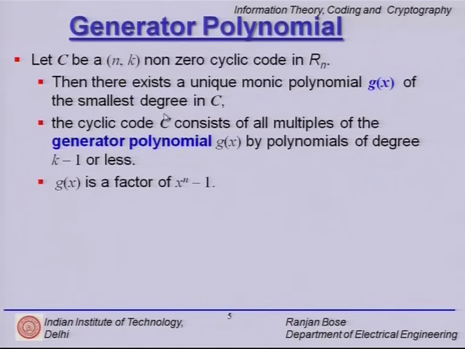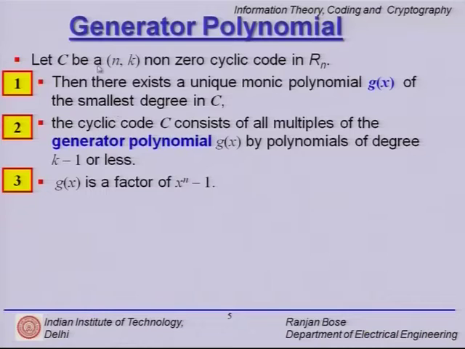We also saw that it is possible to have one generator polynomial g(x), which can generate all the other code word polynomials. Before that, we established a one-to-one link between a polynomial and a code word. What we also observed is that g(x) is necessarily a factor of x raised to the power n minus 1, where n is the code block length.